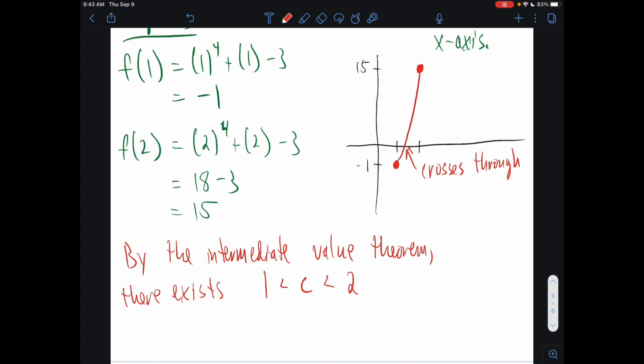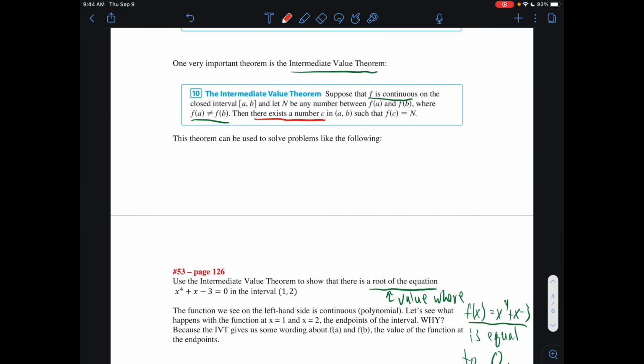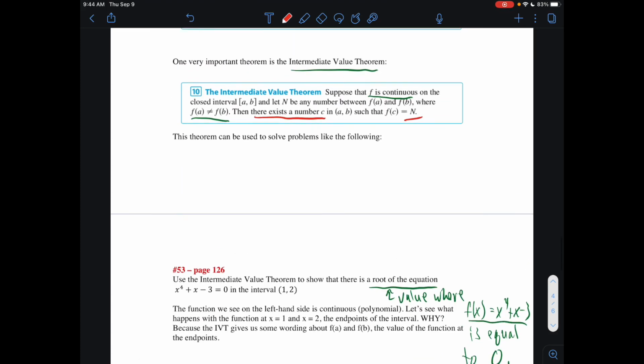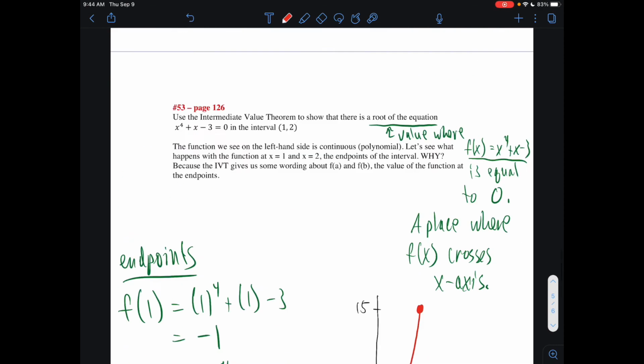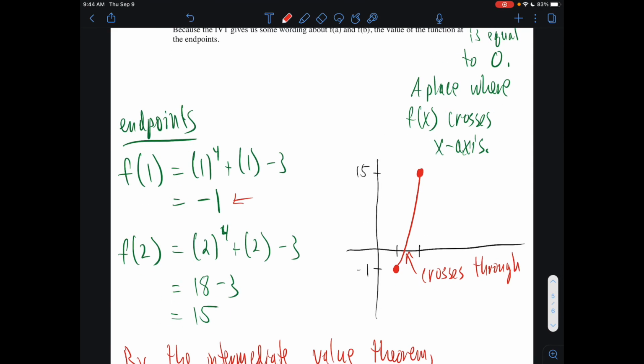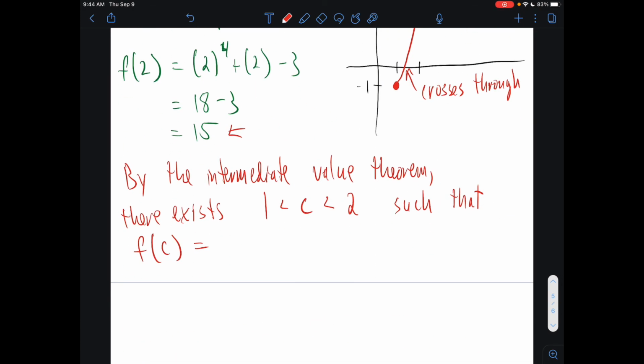It's easier to understand that with this interval notation. There exists some number c between 1 and 2 such that f of c is equal to, in this case, we wouldn't be saying n. It is a very specific number that we want for the purposes of this problem, 0, which is a number between our endpoints, negative 1 and 15. 0 is definitely between those two, such that f of c is equal to 0.